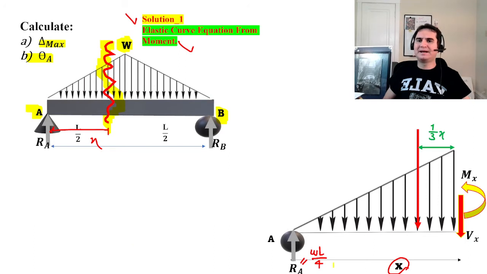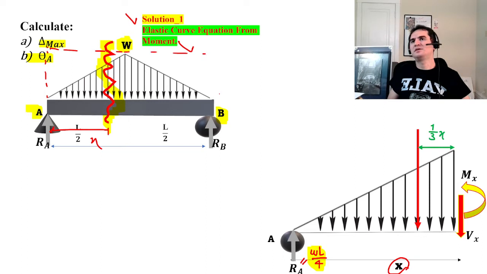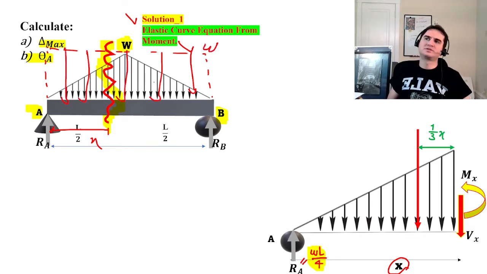Starting with the reactions at each support. If we had a rectangular distributed load of WL, each reaction would be WL over 2.